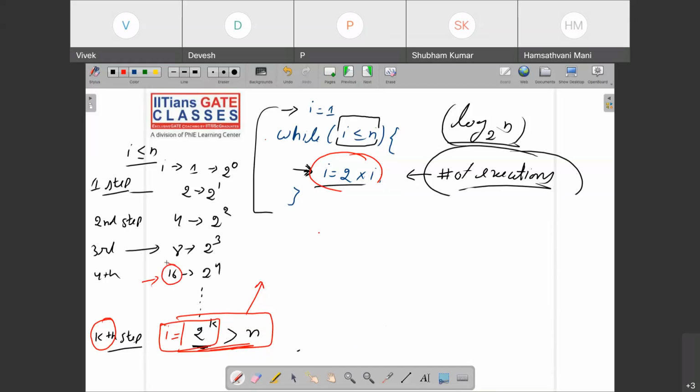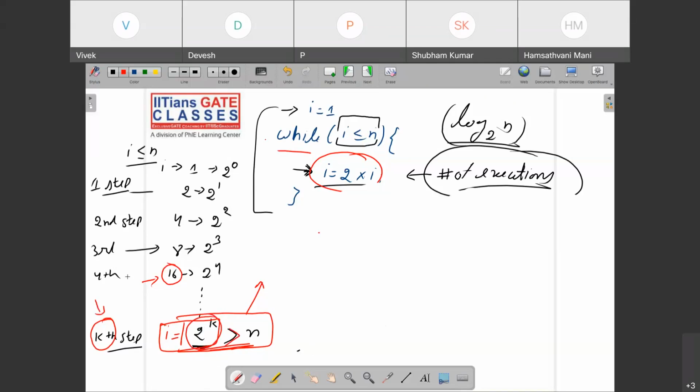If we assume there is a kth step where this while loop breaks, when will the while loop break? It will break when the value of I, 2 raised to power k, becomes greater than n. Until it is less than or equal to n, it cannot break. The while loop can break only when it is greater than n.